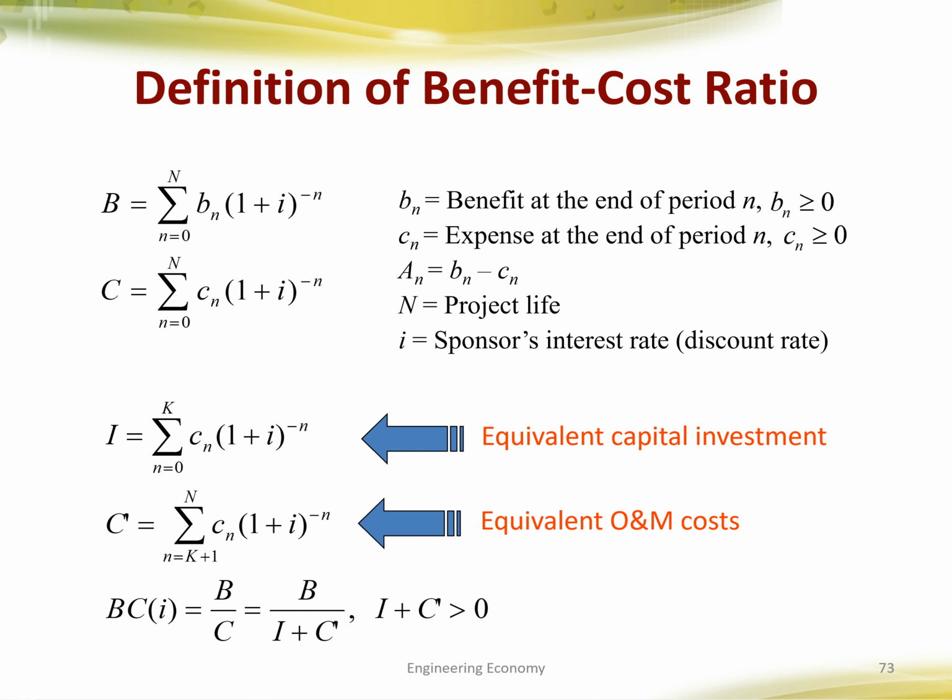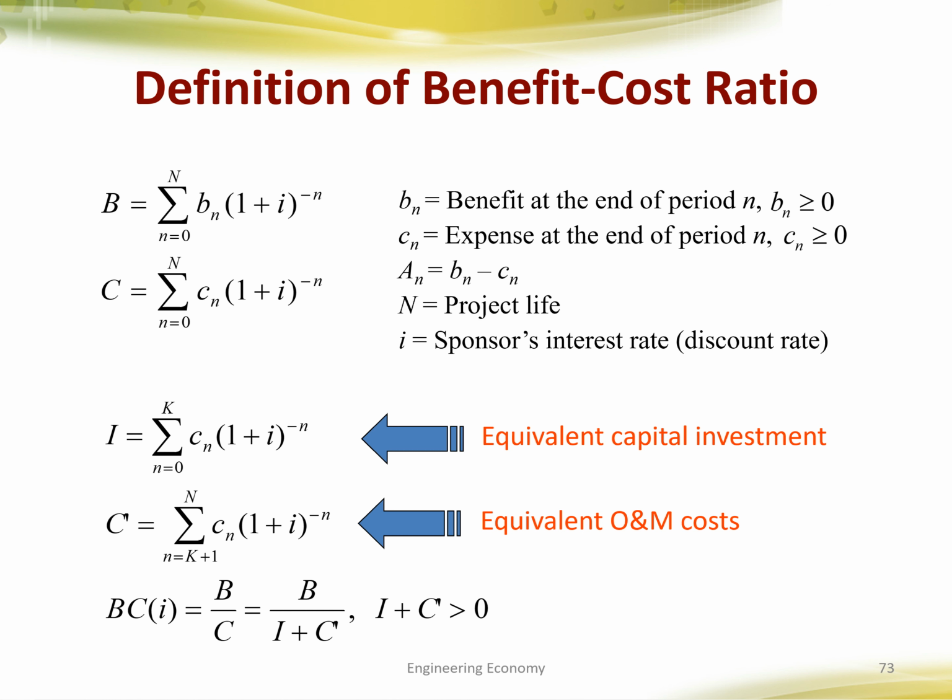It is just a sum of all the benefits. However, we need to consider their time value. So we need to go through a conversion to a certain point. Here we bring all of them to the present time. Similarly, we'll consider the cost.